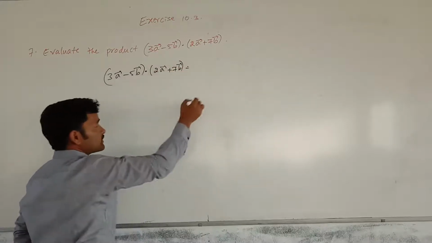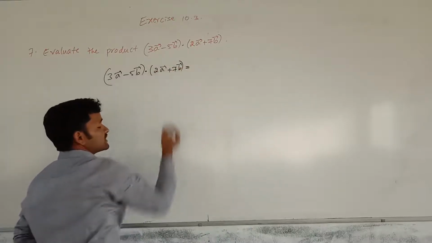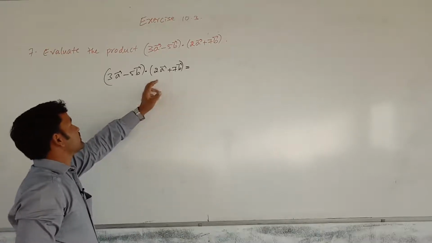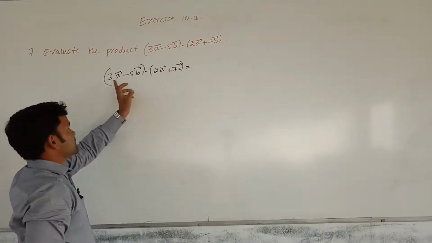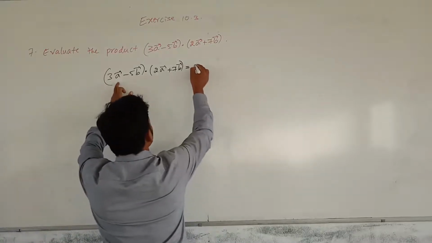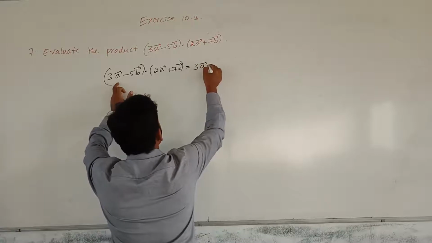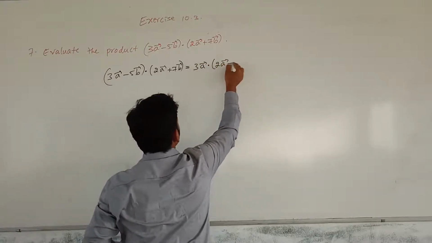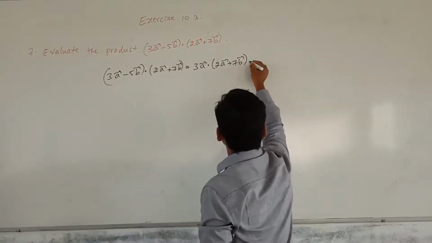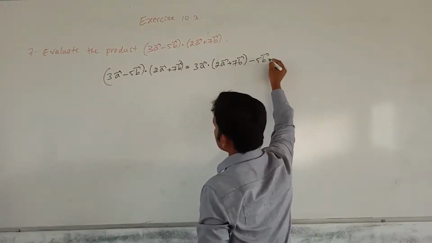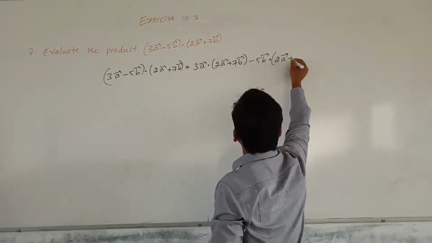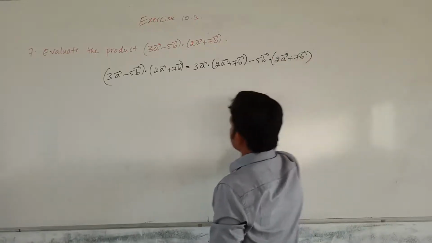We know that dot product is distributive. As dot product is distributive, we will take this second one dot product with the 3a first, followed by 5b. So I can write here 3a which is in dot product with 2a plus 7b, and minus 5 into vector b, which is in dot product with 2a plus 7b.